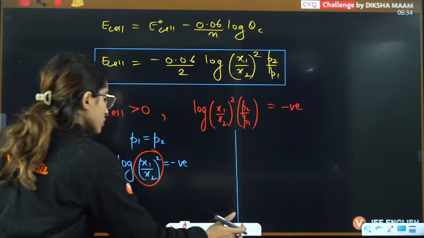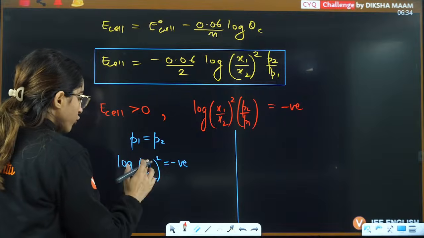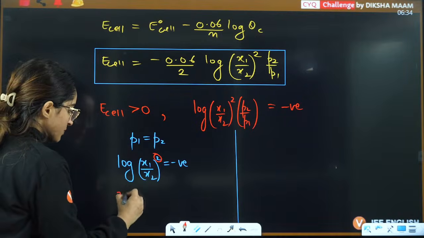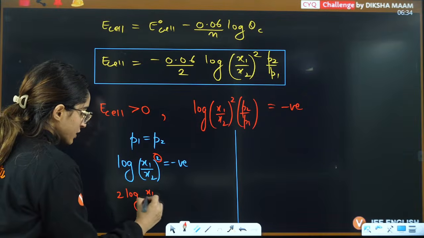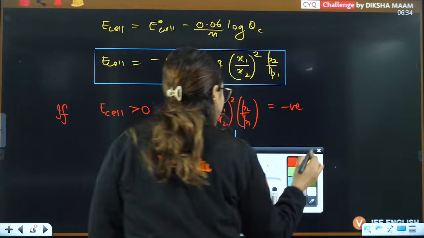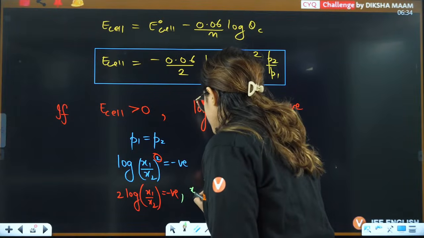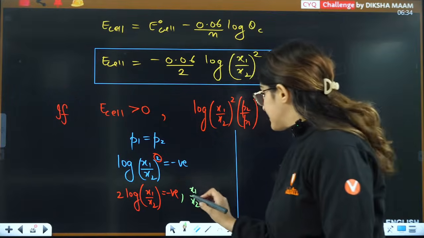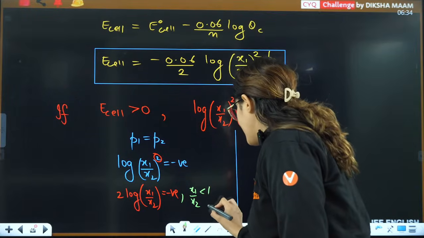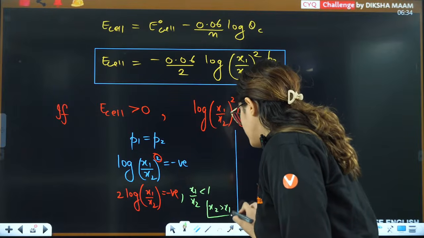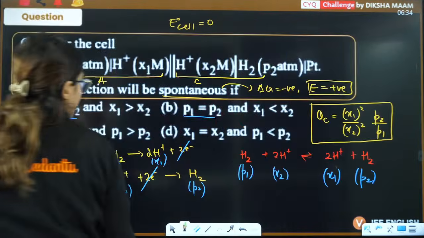You can also write this as 2 of log X1 by X2 should be negative, because the square comes in front. That means X1 by X2 has to be less than 1. So X2 will be greater than X1. Okay, you can see this over here.